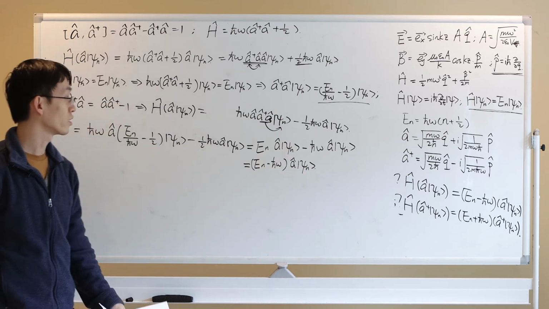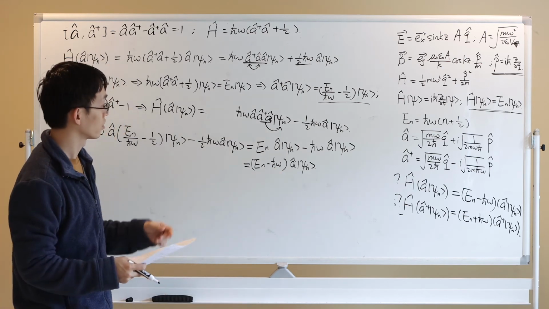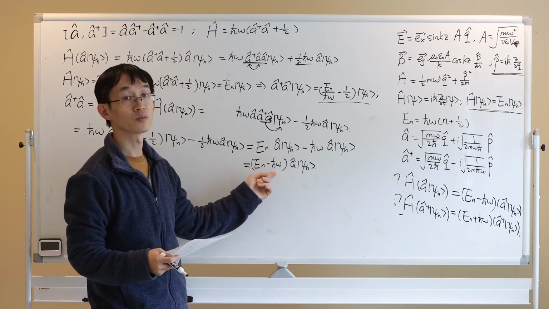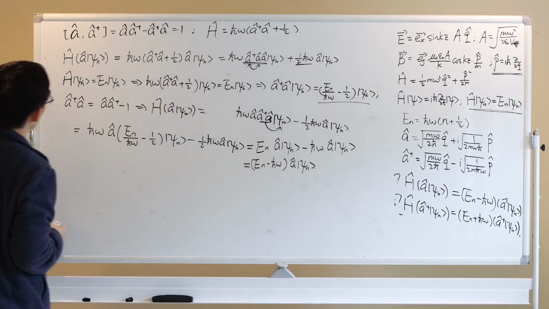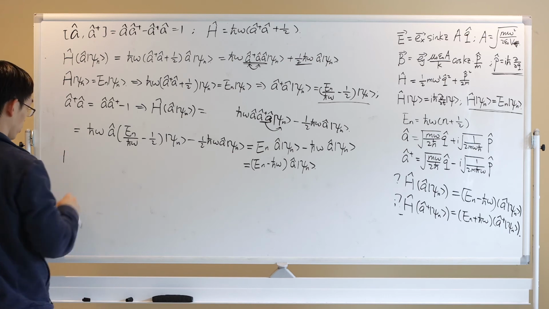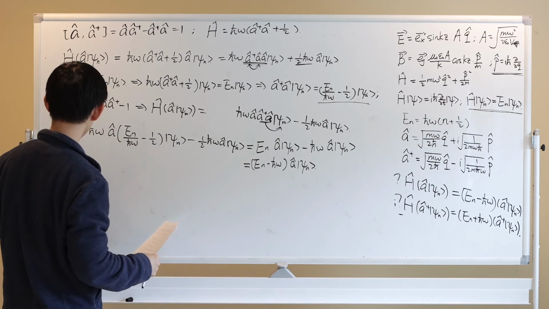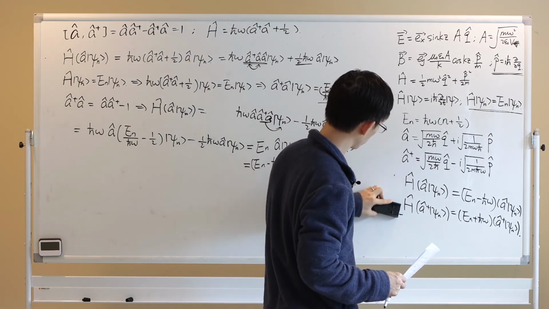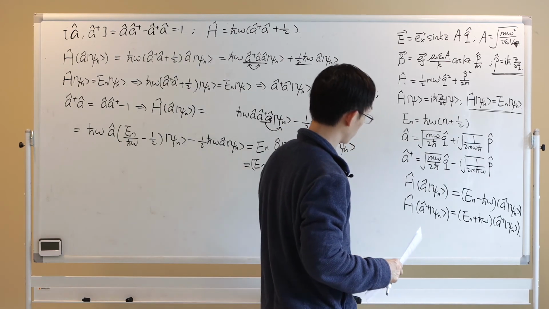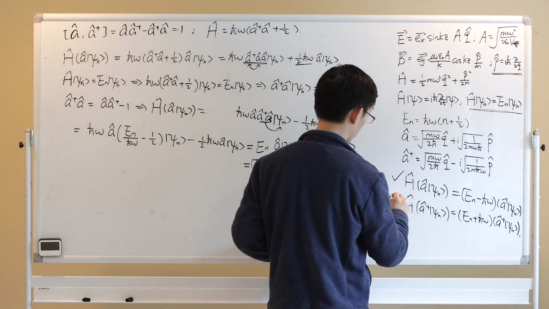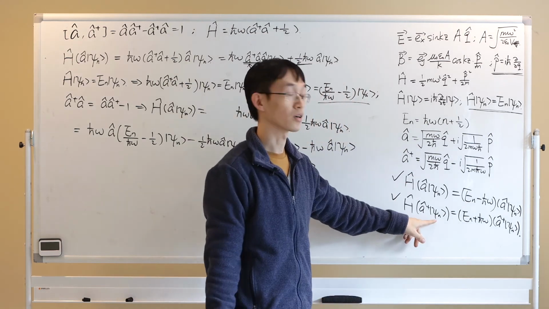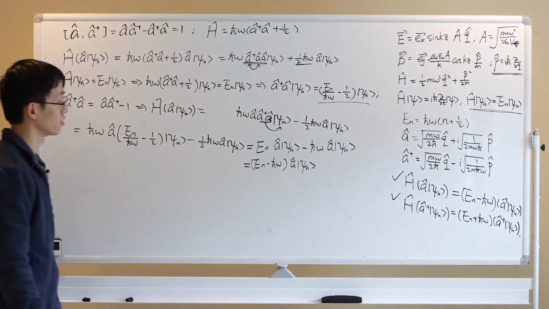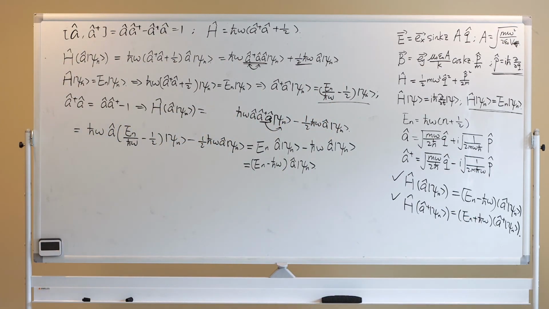So a psi n is indeed still an eigenfunction, and the eigenvalue is reduced by h bar omega. We're not going to repeat this calculation here, but you can do the same calculation and you will see that if it's a dagger acting on psi n, then you have En plus h bar omega. You have En plus a number.